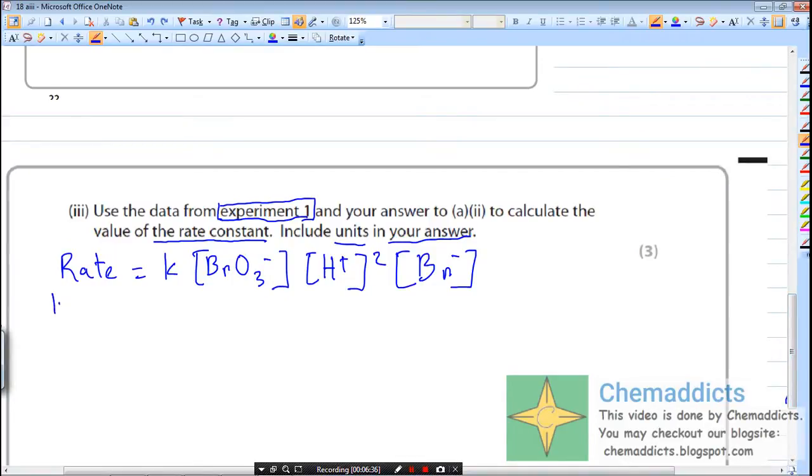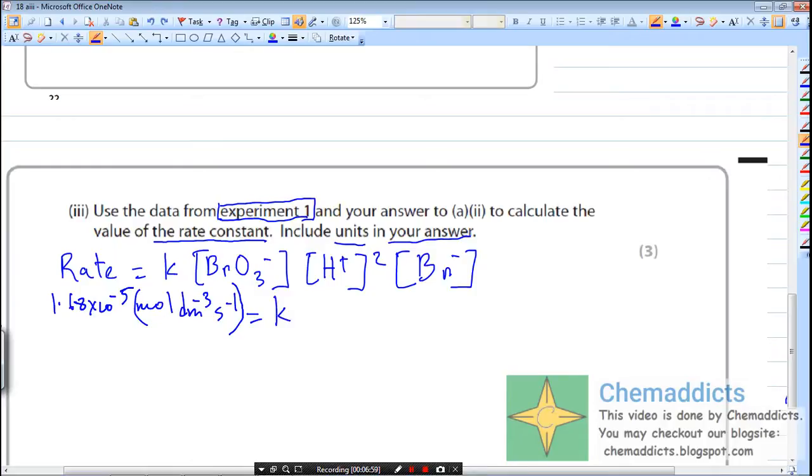So 1.68 into 10 to the power minus 5 mole per dm cube per second. This is 5, not 3. Don't get me wrong. This is the unit for rate, the changing concentration per unit time.